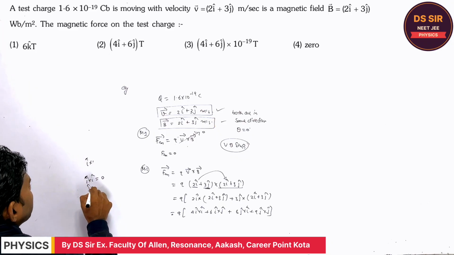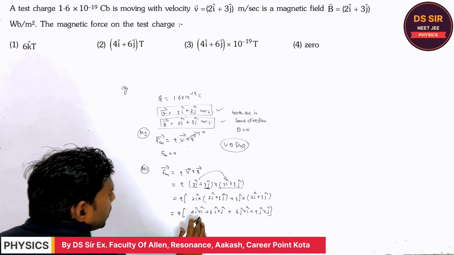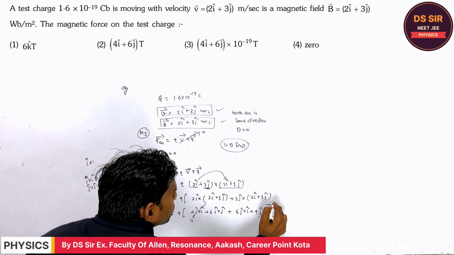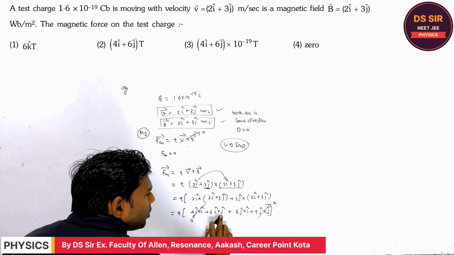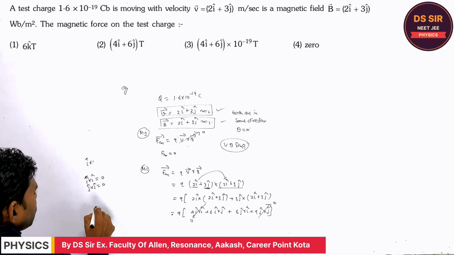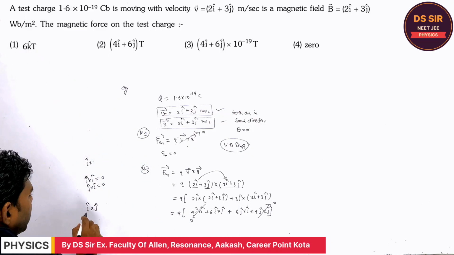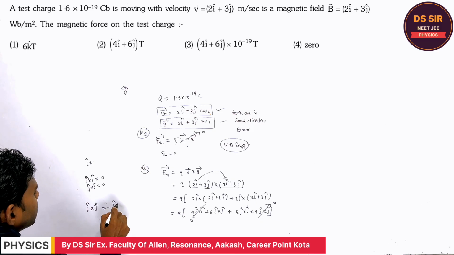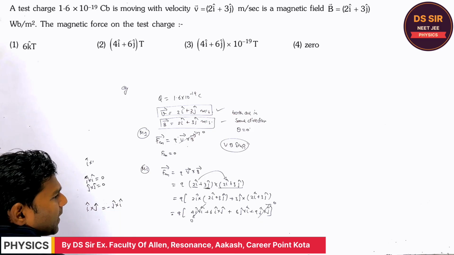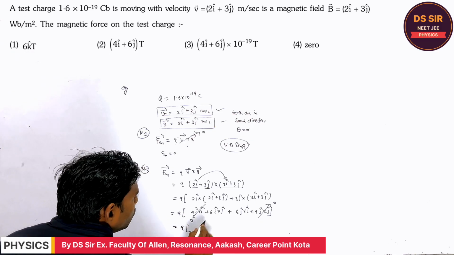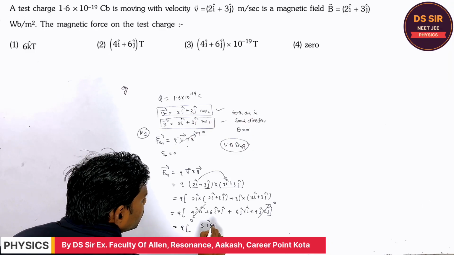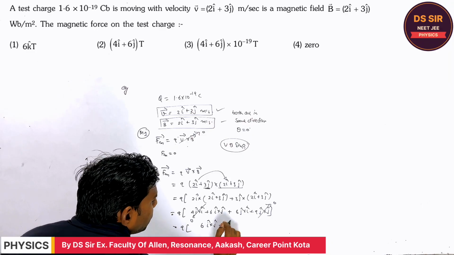And j cross j? 0. i cross i is 0, j cross j is 0. And this is i cross j and this is j cross i. So according to the property of the cross product, i cross j is equal to minus j cross i. So it is q times 6 i cross j, plus 6.